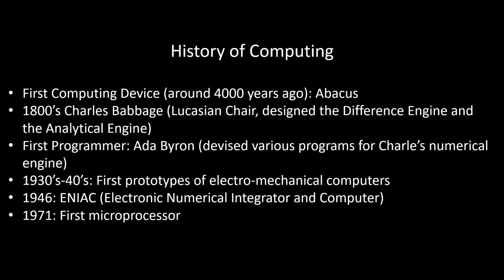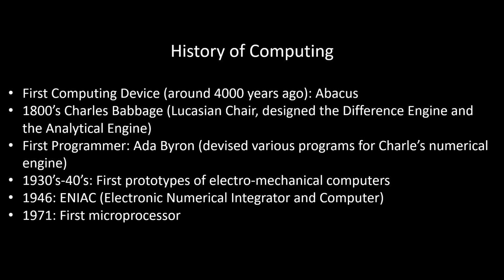And so related to that, the first programmer was Ada Byron, who devised various programs for Charles' analytical engine. And again, this wasn't a physical machine, it was just a theoretical machine, more or less.